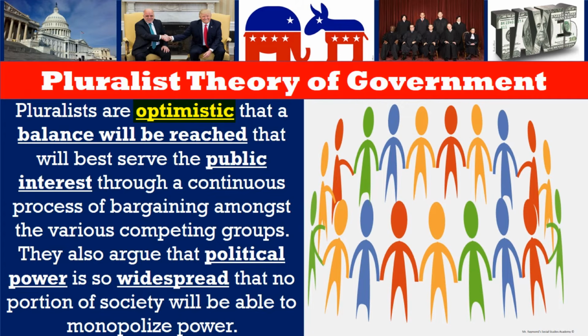Pluralists are optimistic that a balance will be reached that will best serve the public interest through a continuous process of bargaining amongst the various competing groups. They also argue that political power is so widespread that no portion of society will be able to monopolize power.